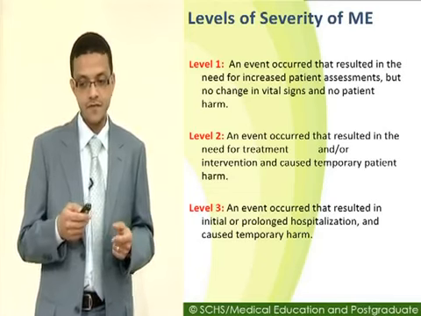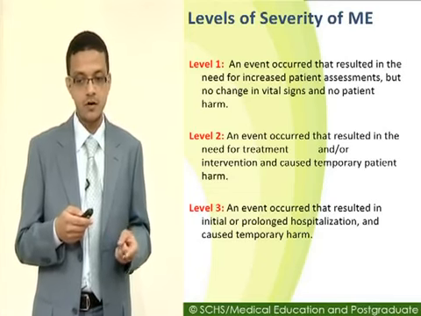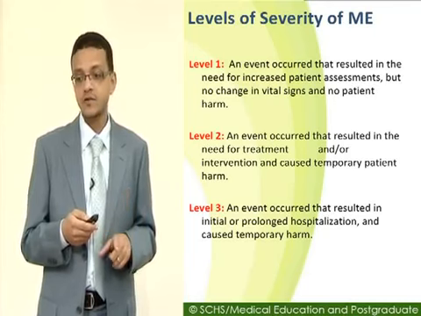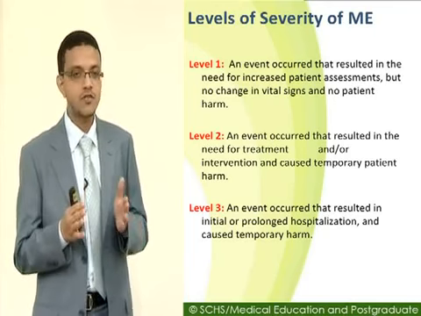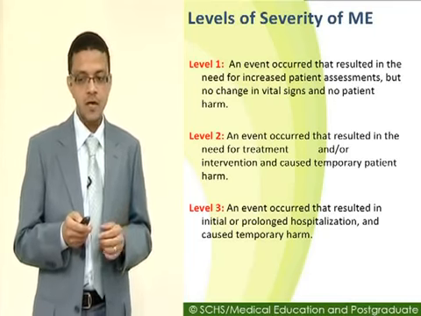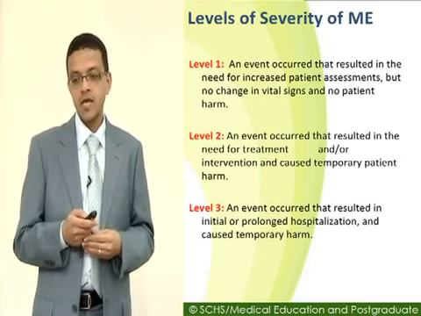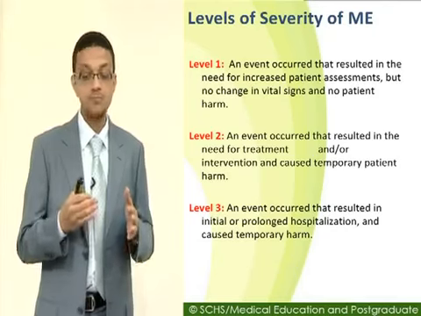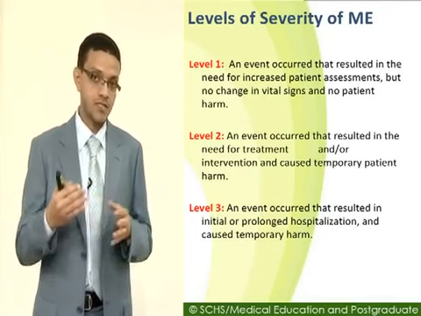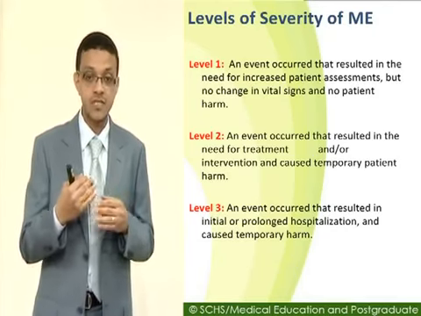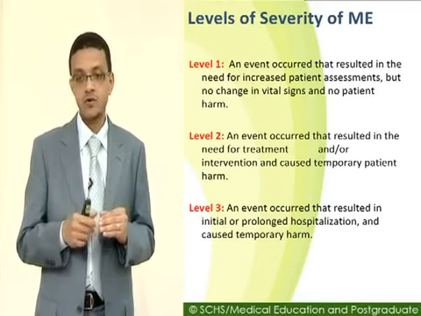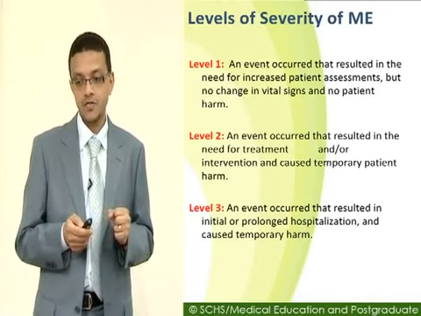The second level: an event that resulted in need of treatment and or intervention and caused temporary patient harm. Level 3 goes further, or worse. It's an event that resulted in initial or prolonged hospitalization. Now it's getting more serious because this patient needed hospitalization and suffered temporary harm.